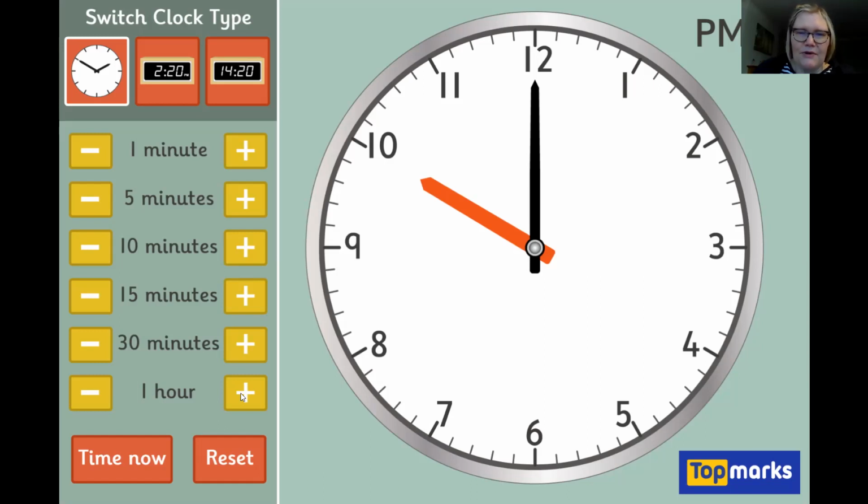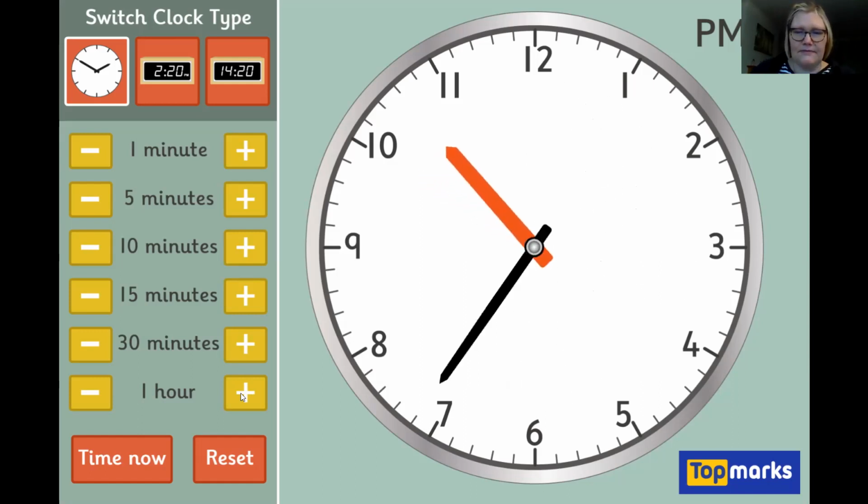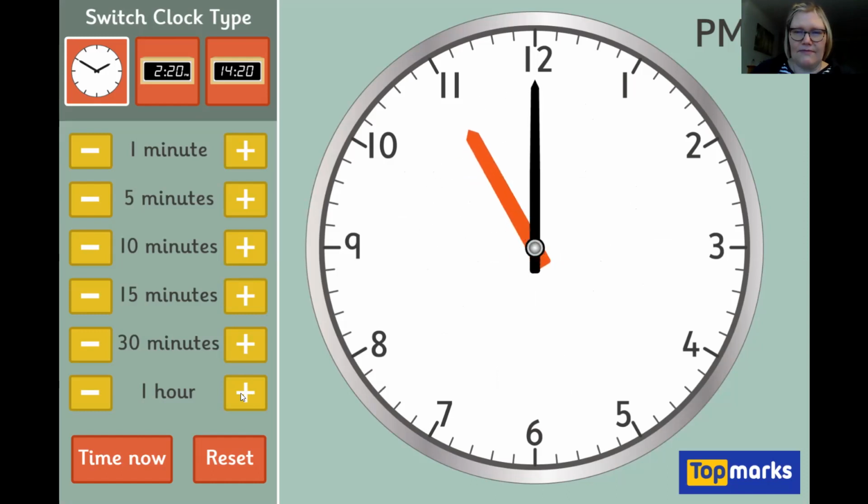Okay, so we're going to do the same again. This time, watch the red hand, the hour hand, and see how far that moves. Does that go all the way around the clock, or does it not? No, you can see that the hour hand just moves to the next hour of the clock, doesn't it?